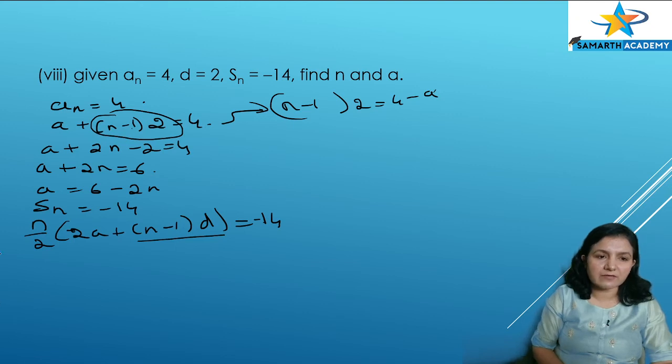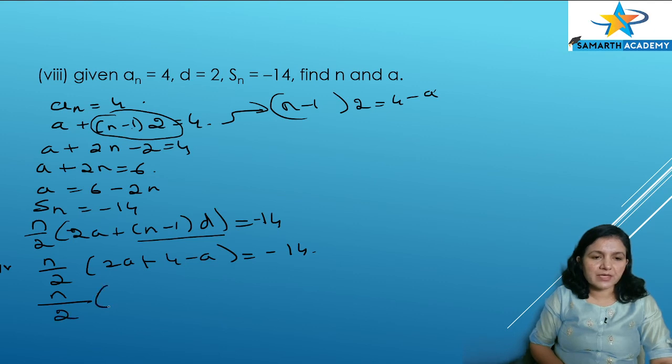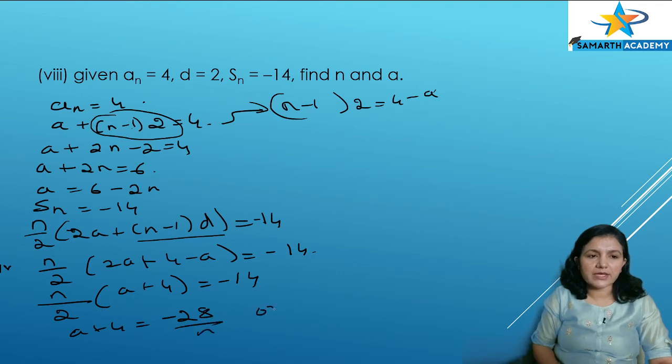Hence, what our given thing simplifies as n by 2, 2a plus n minus 1 into d, which is 4 minus a, is equal to minus 14. We are doing this just to simplify the given equations. So this becomes a plus 4 equal to minus 14, or a plus 4 is equal to minus 28 by n, or a equal to minus 28 by n minus 4.